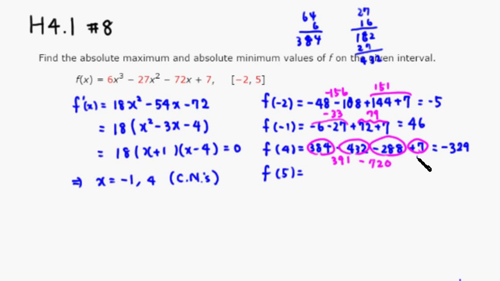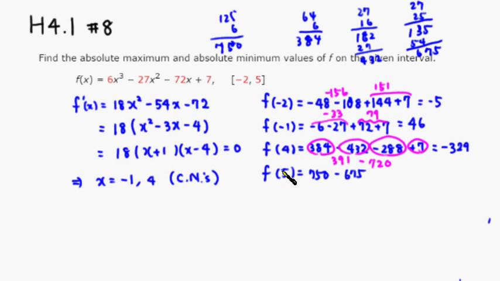Let's say 5 cubed is 25 times 5, or 125. So 125 times 6 is 750. And a minus 27 times 25, which is 675, so minus 675.